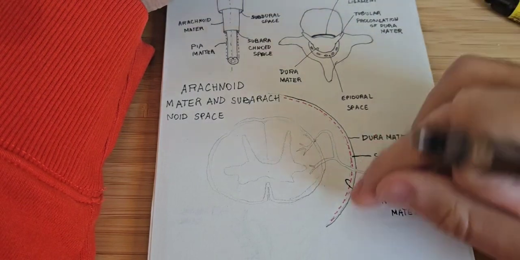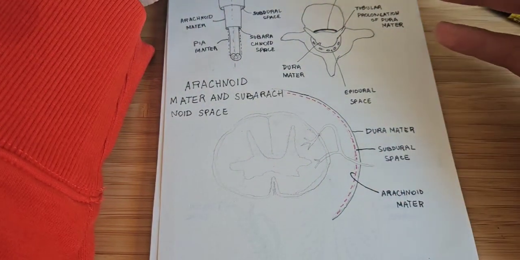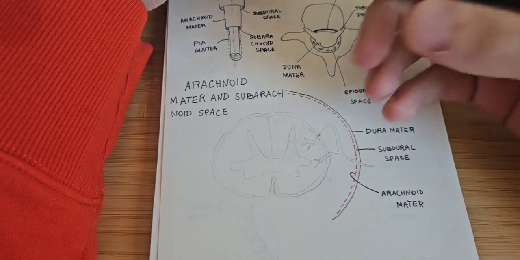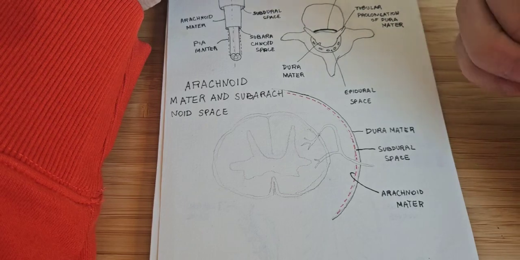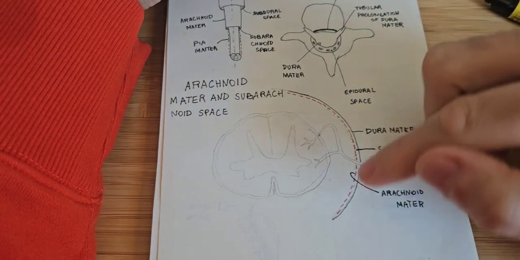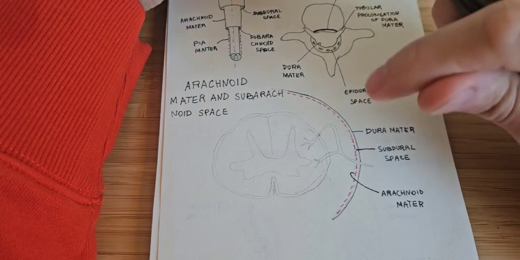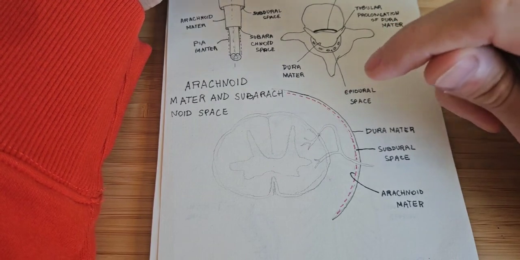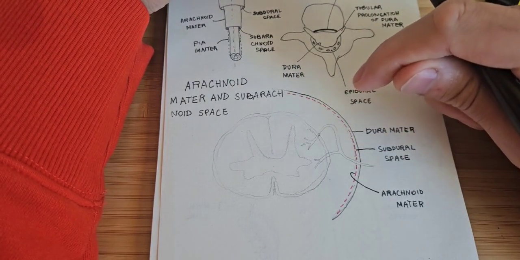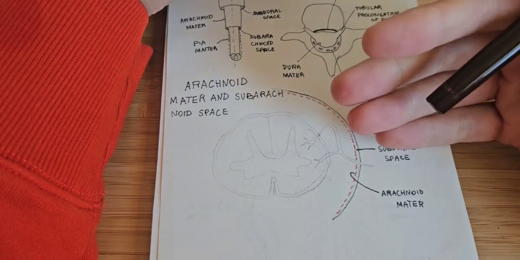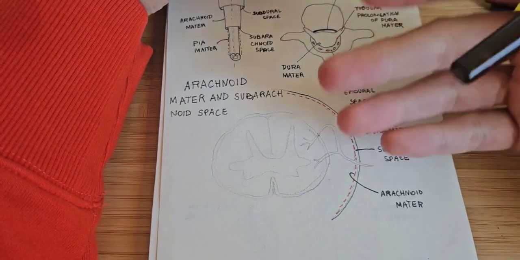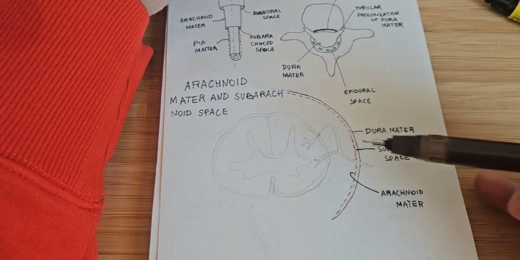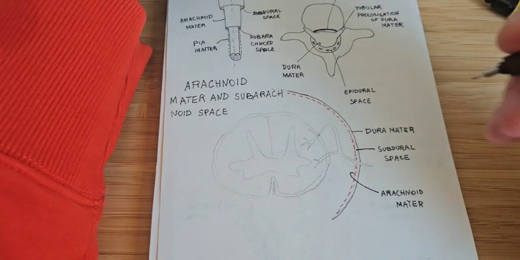One of the key features of the arachnoid is the presence of fine fibrous strands called arachnoid trabeculae. These trabeculae extend into the subarachnoid space and also help maintain its structural integrity, facilitating the circulation of the CSF, the cerebrospinal fluid. I hope this helps to clarify this structure.